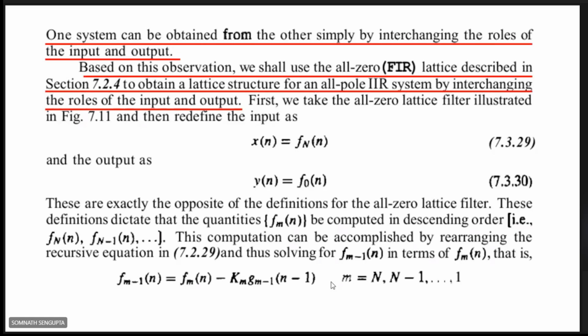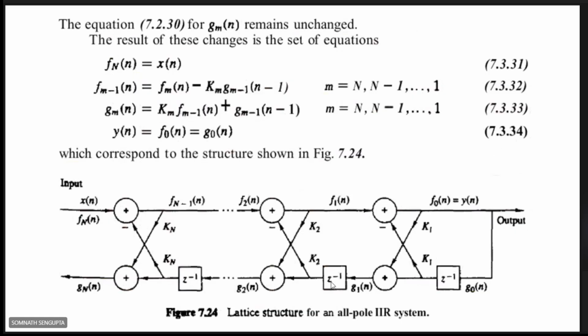Okay. So now you see the structure. So this is the basic all pole IIR structure. You can see carefully here that the output is y(n) on this side, and it is assumed as f_0(n), and this is going to the input side.